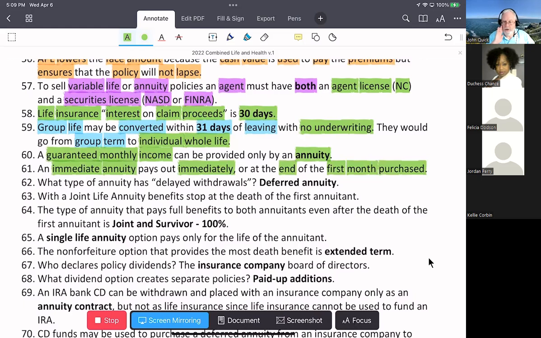Now, we know they could put it off a little while, but you're not supposed to know that. So, okay, give them money this month. The next check starts coming out next month. Well, what type of annuity would have delayed withdrawals? Well, that would be a deferred annuity, because the deferred annuity pays out later.